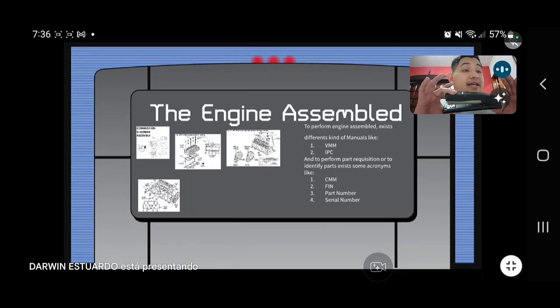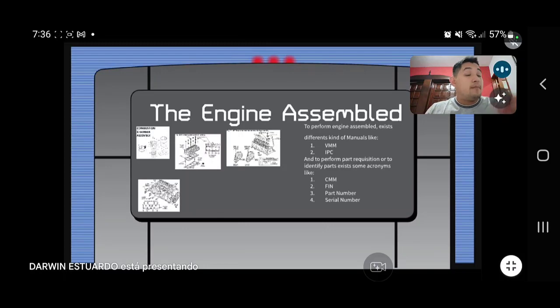And I will identify those 1,000 radiators with the part number. But each of the 1,000 radiators has a serial number. This is the number 1, 2, 3, 4, 5, 6, 7, 8, 9, 10 to reach the 1,000 radiators, okay?